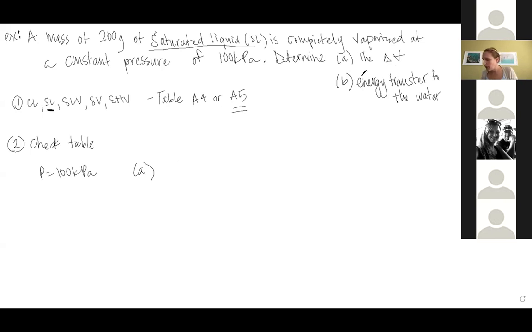So if I look at 100 kilopascal on page 906 and I look across, I can see that the specific volume of my saturated liquid is really small at 0.001043 cubic meter per kilogram.